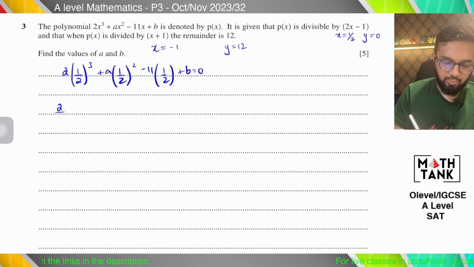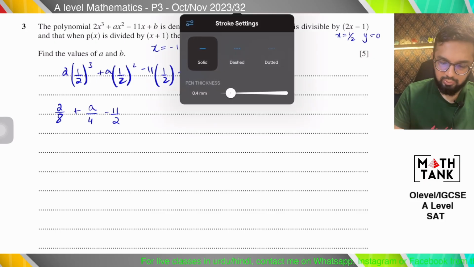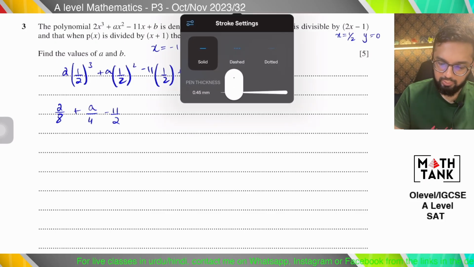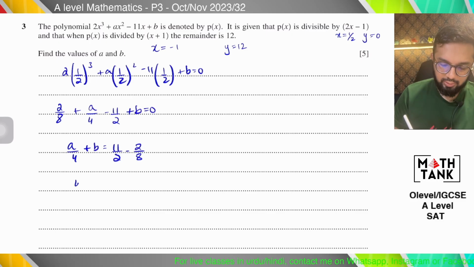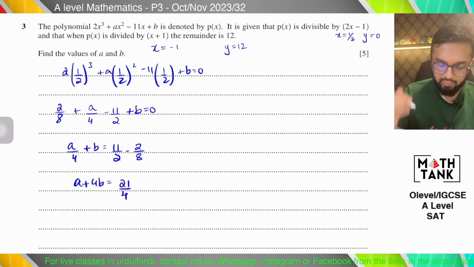That gives me 2 over 8. So a over 4 plus b equals 11 over 2 minus 2 over 8. That's a plus 4b equals 21 over 4.